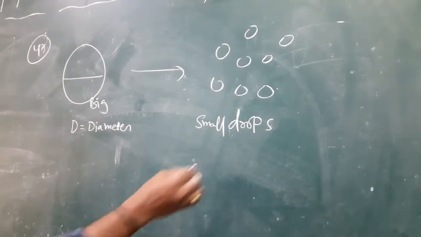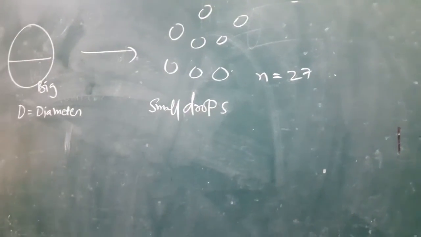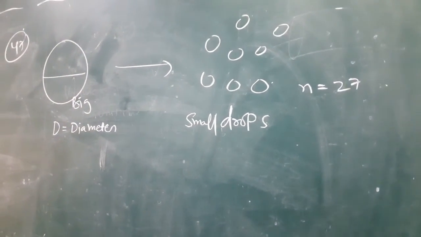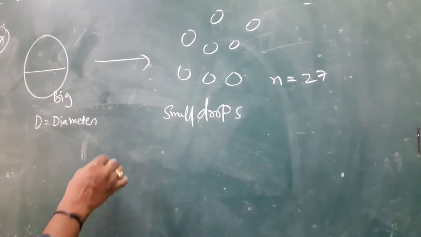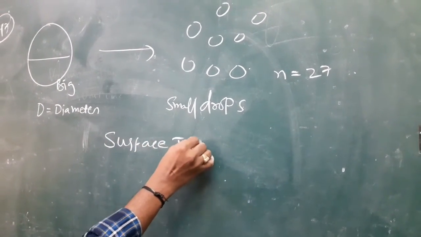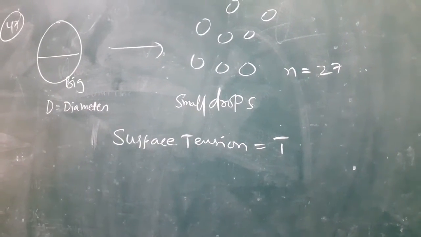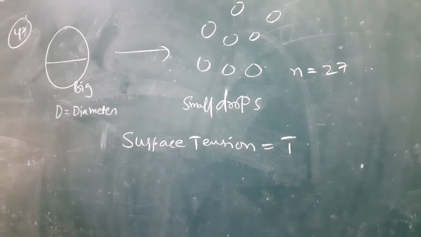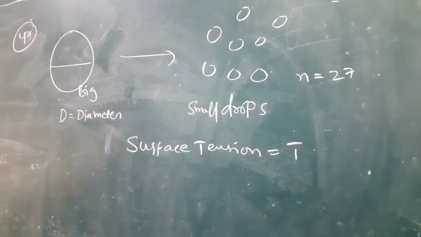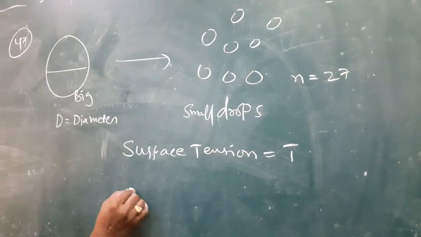The number of drops n is 27, and the surface tension of the liquid is T. What is the work done to split this big drop into n small droplets?